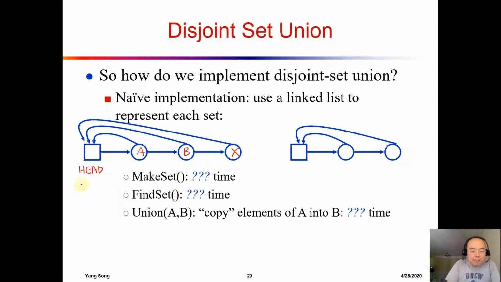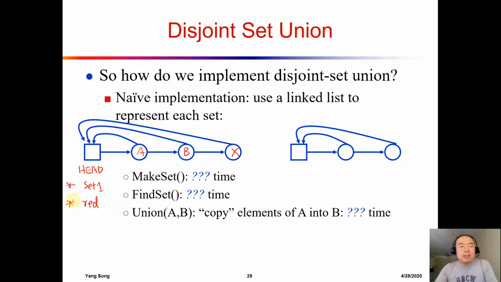For example, we can say this is set 1, or we can say this is the red set. It doesn't matter. So if we have B, for example, and I want to do a find set, I take this back reference to the head, and in the head we have either set 1, which is the name, or we have a color, which is red.